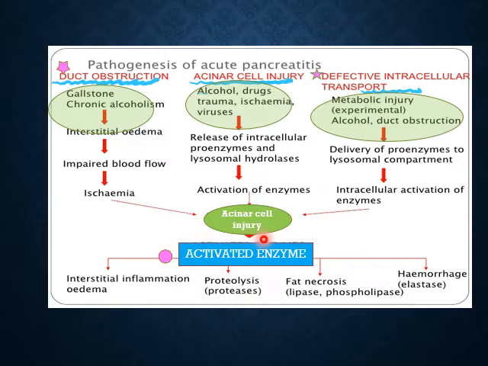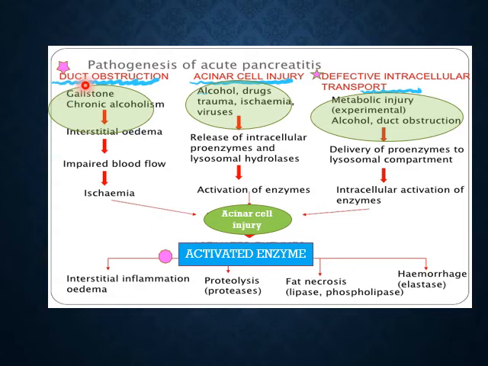A number of factors can be attributed to the acinar injury. One is direct injury of these acinar cells, such as by alcohol, drugs, trauma, and ischemia. Okay, in patients with generalized ischemia and certain viruses, which I mentioned earlier. Okay, these cause direct injury to the cell, and that releases the activated enzymes.